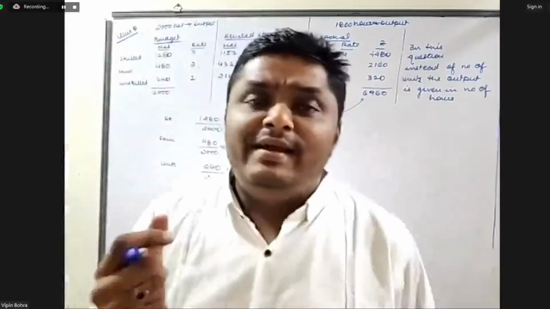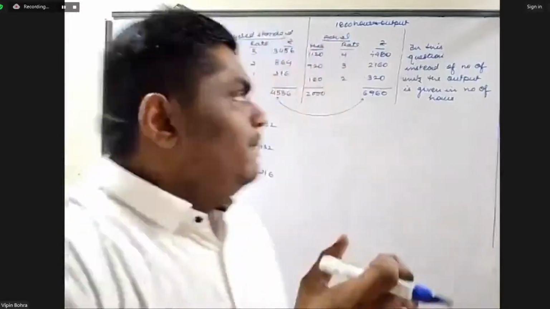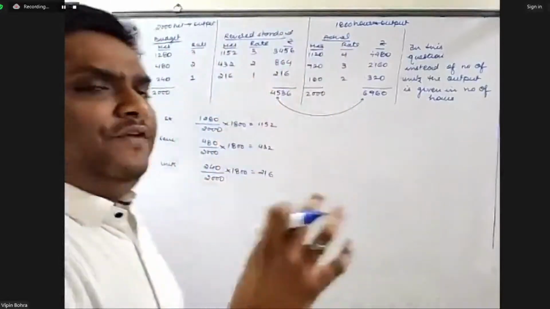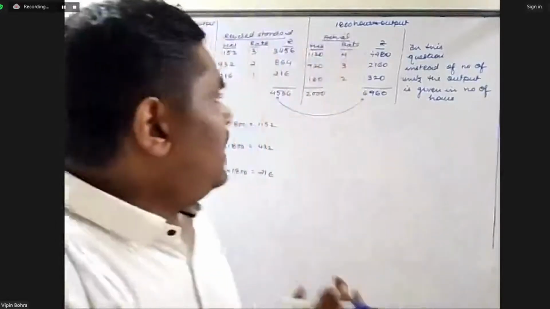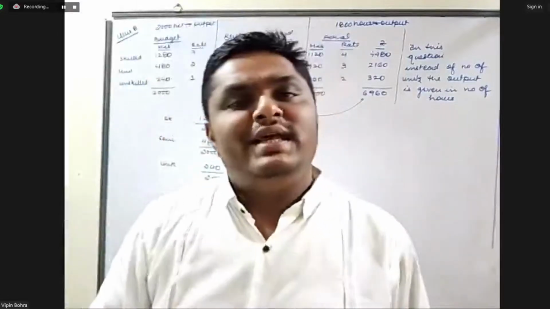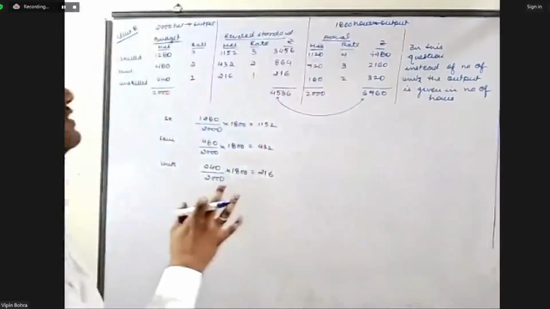So for 1800 hours of output, my budgeted cost was only 4536, but the amount I spent actually is 6960. So now the master chart is ready.